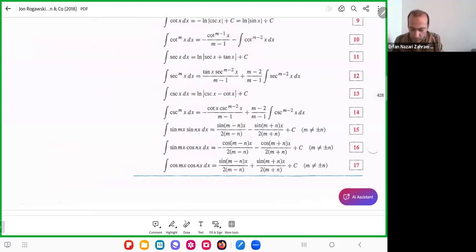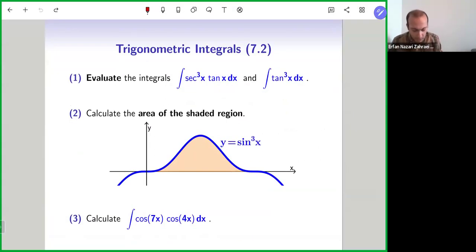If we use that in this question, I don't know the formula by heart, so I need to look at it. Let me bring up my formula on another device.